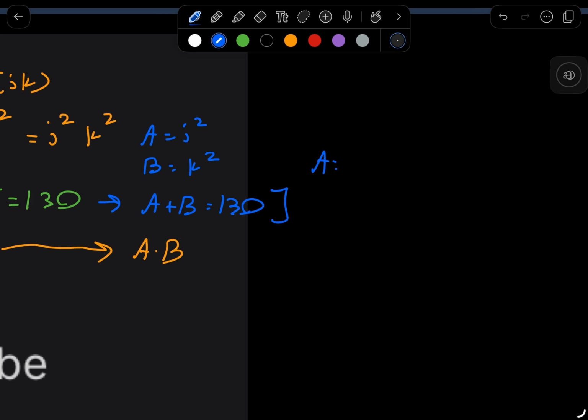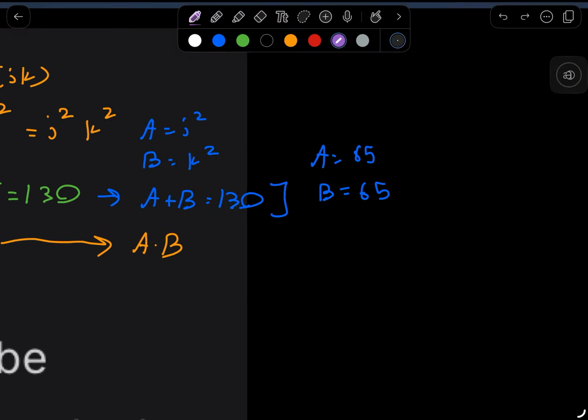So if a is 65 and b is 65, that's the only way to maximize. That's a really important thing to know. We're trying to maximize a times b, and the best way to do it is just to split the 130 in half.